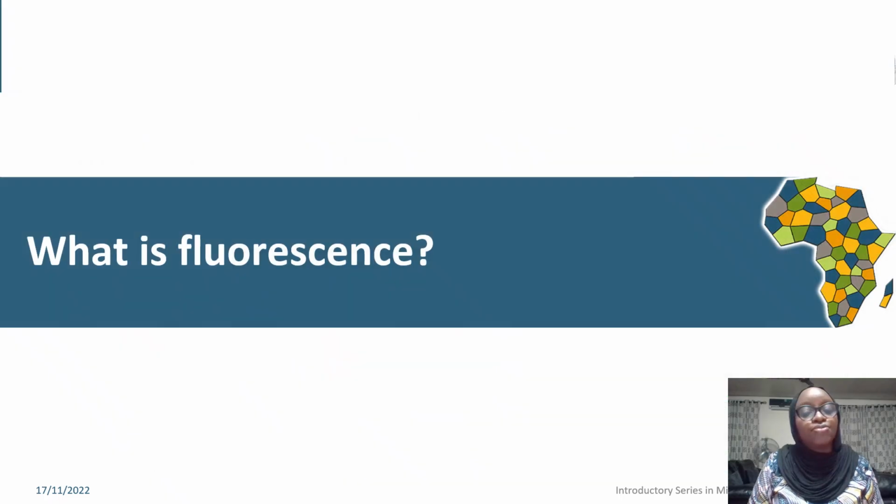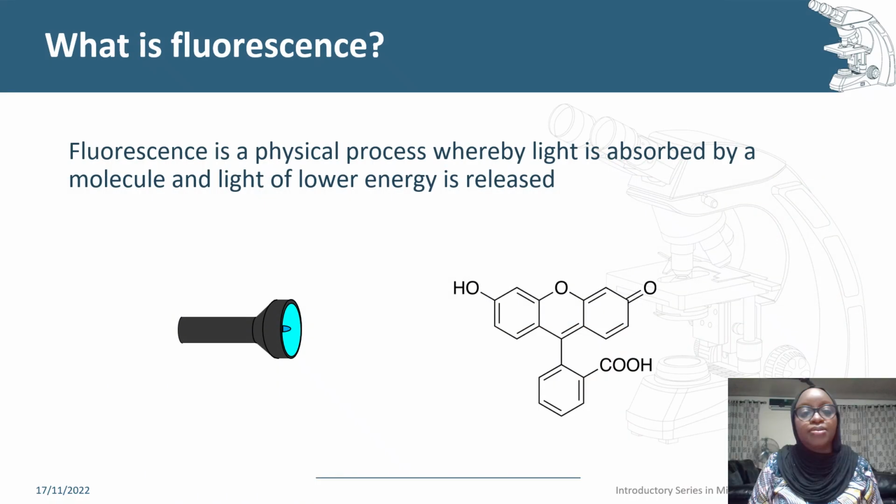What is fluorescence? Fluorescence is a physical process whereby light is absorbed by a molecule and light of lower energy is released. When we shine a blue light onto fluorescein, the molecule gives off a green light.